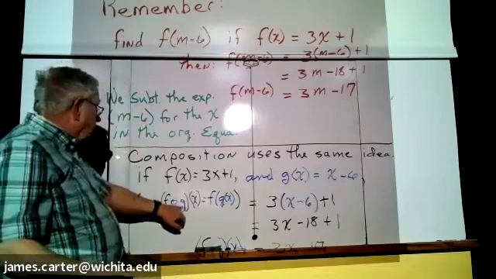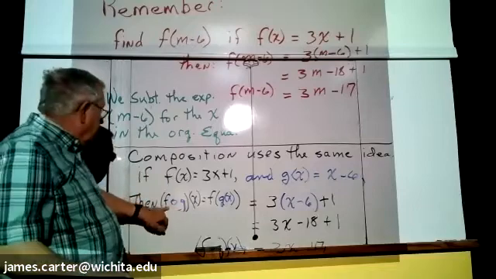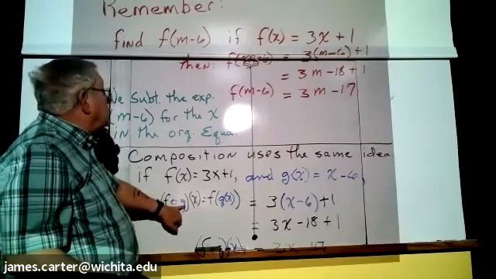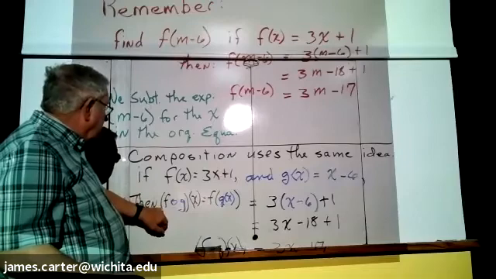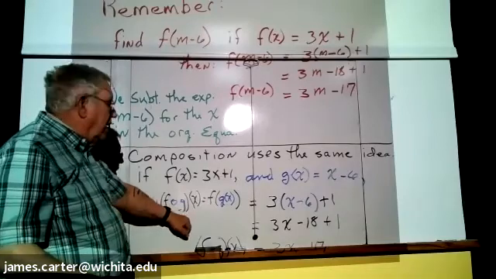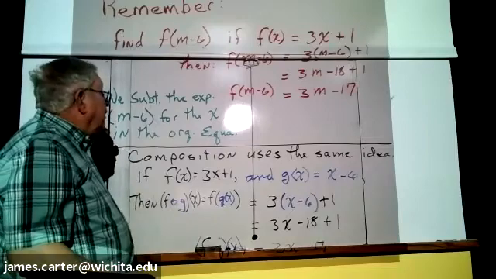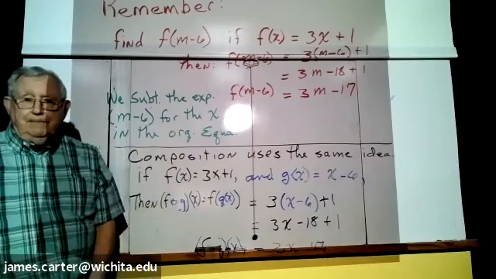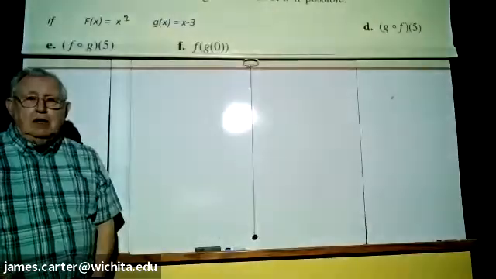Now, the order matters on composition. F compose G means we're going to substitute the G value into the F equation. If it were G compose F, then we would take the F equation and substitute it into the G equation. So order matters on those.